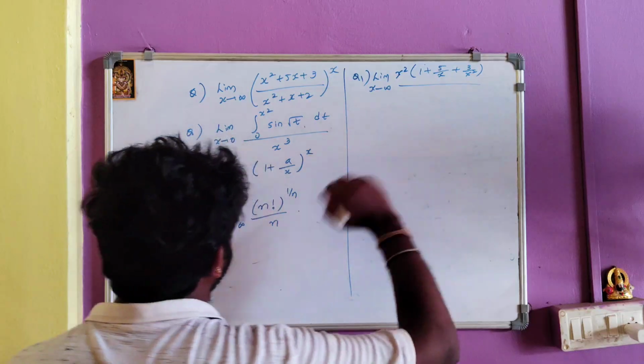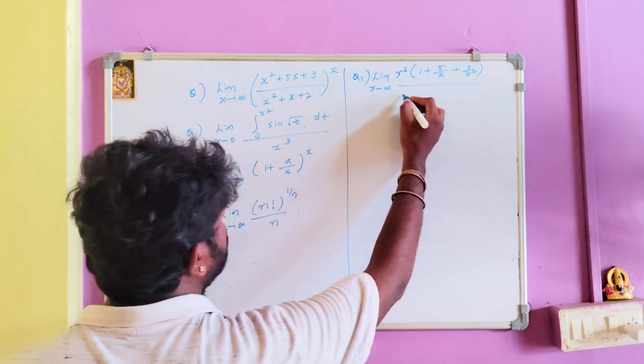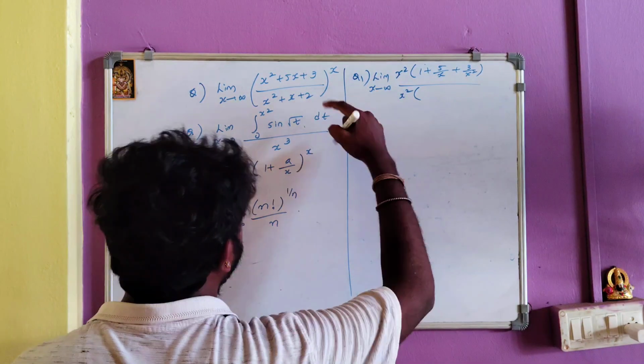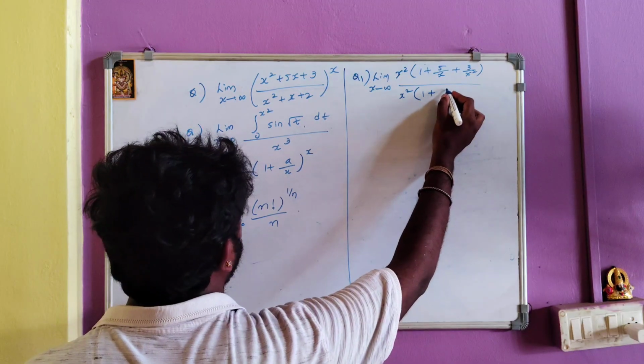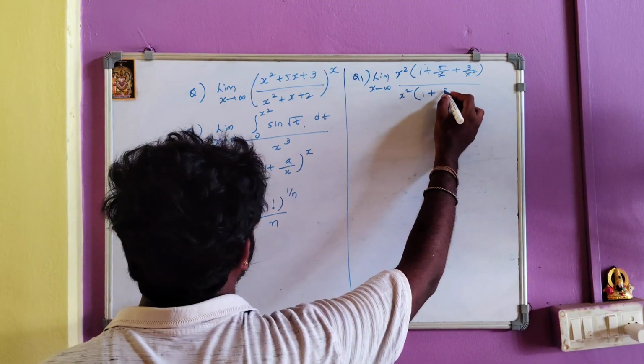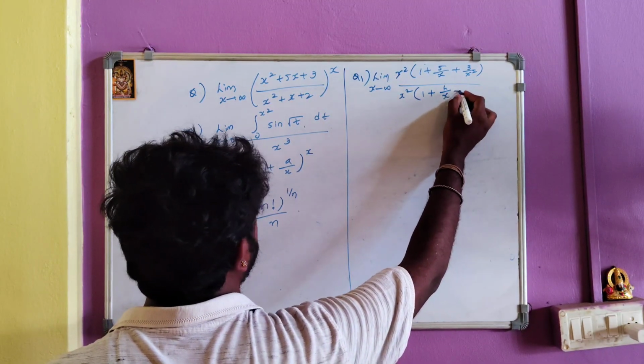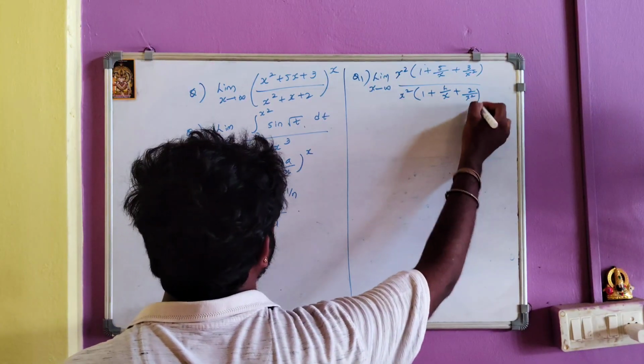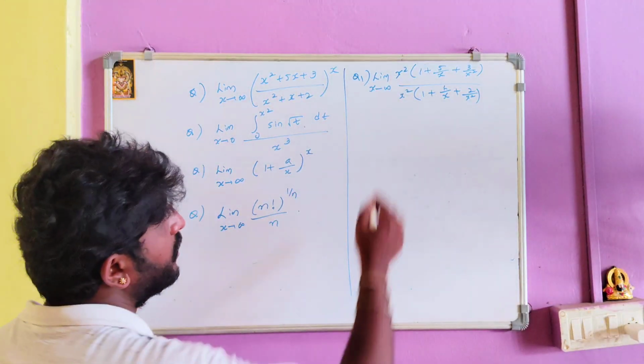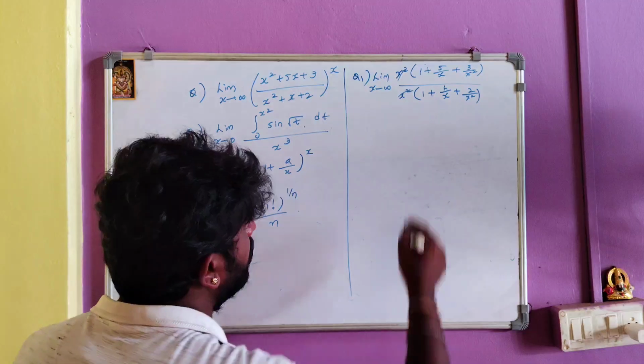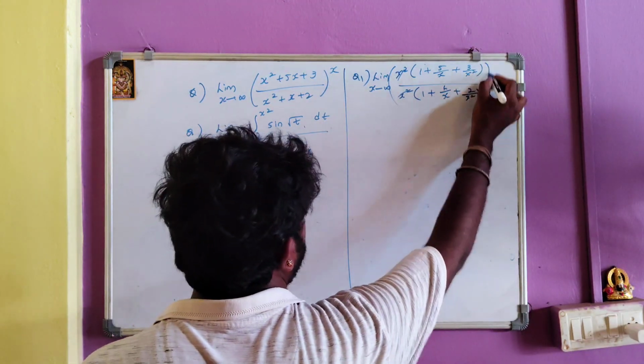Here also x square is common, we get 1 plus 1 by x plus 2 by x square. Now this x square gets cancelled, whole raised to power of x.